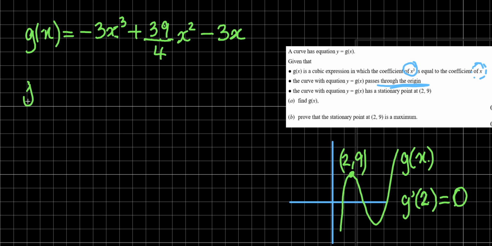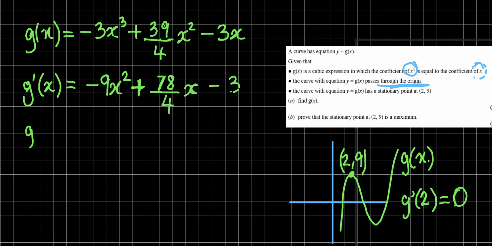The first derivative of this curve is going to be minus 9x squared plus 78 over 4 x minus 3.